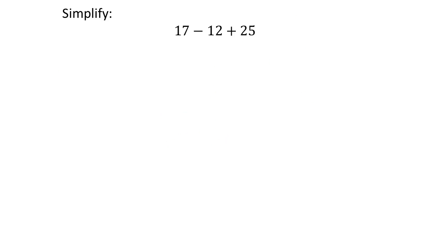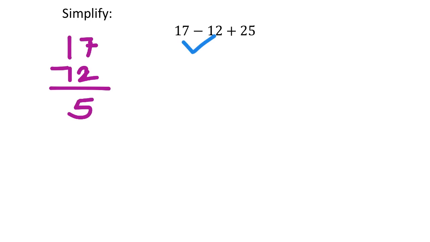All right, now this is a good example because it's going to force us in the order of operations to do subtraction first, just like we've talked about. We must do 17 minus 12 first. 17 minus 12 is going to give us 5 right there.